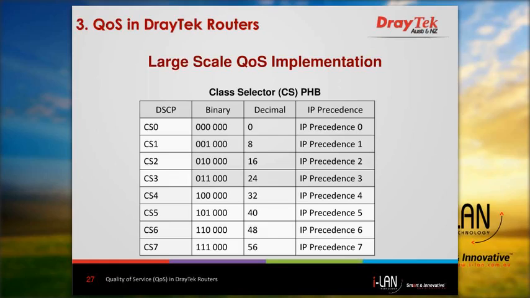So we have CS0 equals IP precedence 0 and CS1 equals IP precedence 1 and so on. You probably don't need to know much of this anyway. But if the packet is received from a non-DiffServ aware router, they use IP precedence markings. The DiffServ router can still understand the encoding as a class selector code point.